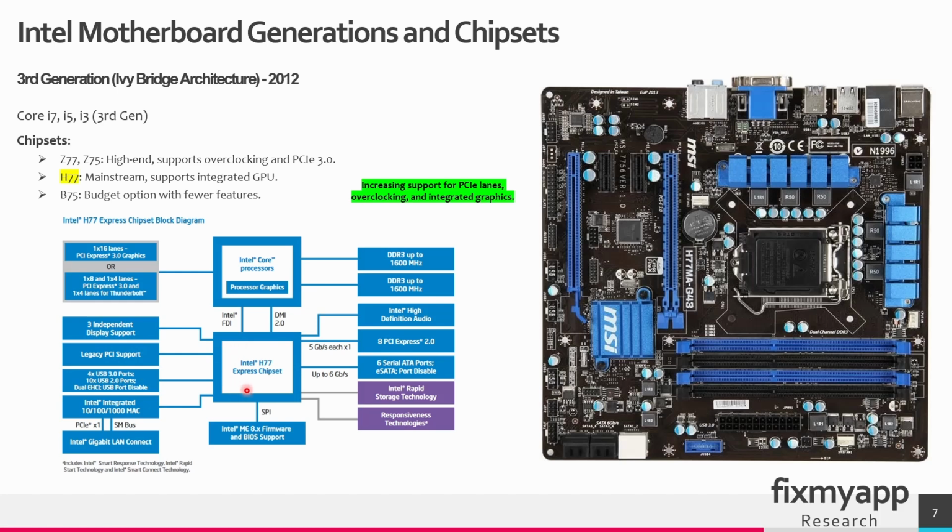If you look at the image for the H77 chipset, we can see an increased functionality on the PCIe Express slots, so you can have up to 8 PCIe Express slots. You can have 6 SATA ports. You can have 3 independent display supports, and this chipset also supports 4 USB 3.0 ports and 10 USB 2.0 ports.